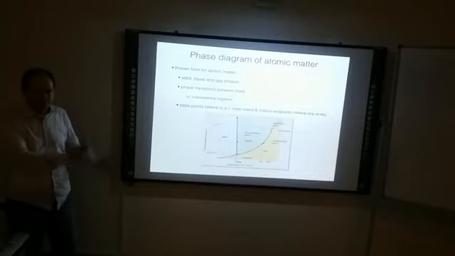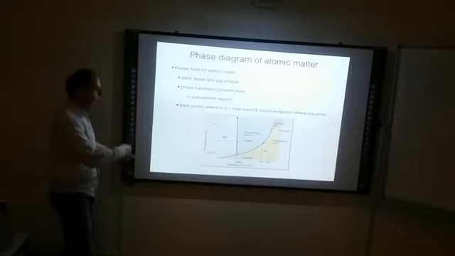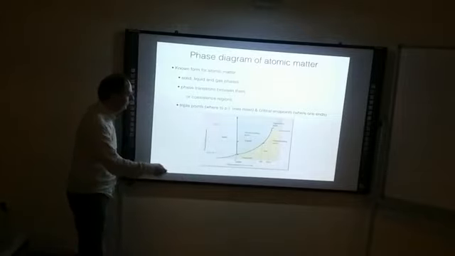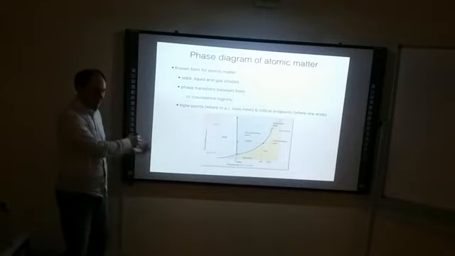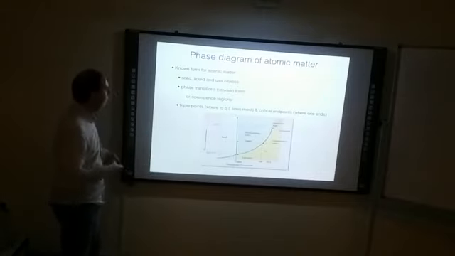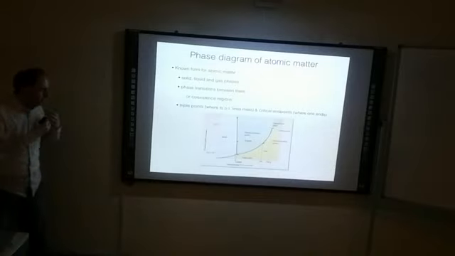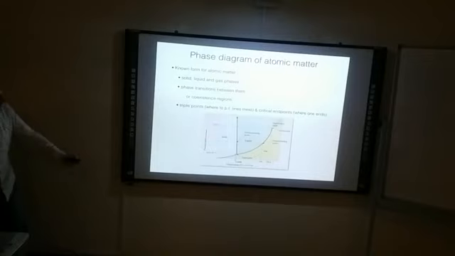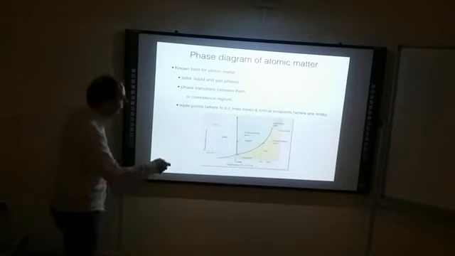And you can think of what would happen as I increase the density, for instance. This is a phase diagram in pressure and temperature. At high density, the relevant quantity is not the temperature, but the density, as we discussed. And one can draw a similar diagram for high density matter. And as we'll see, it will have very similar structure or ingredients.